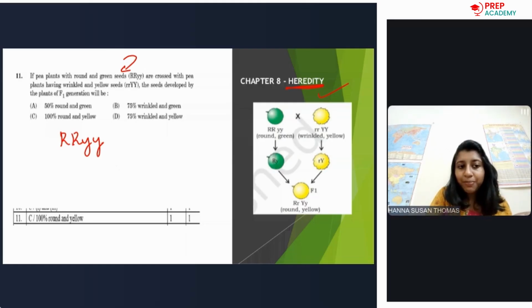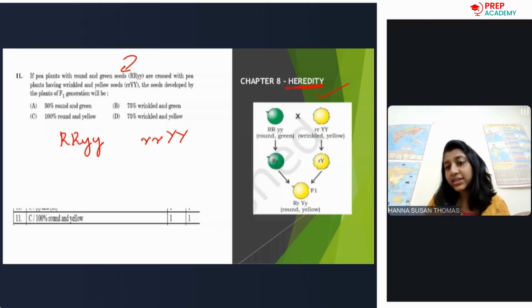Then comes a pea plant having wrinkled seeds with yellow color. Here yellow is the dominant trait with respect to color, and wrinkled is the recessive trait with respect to shape of the seed.